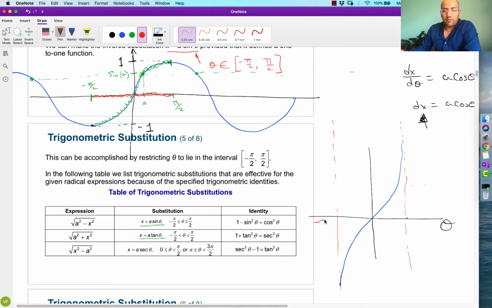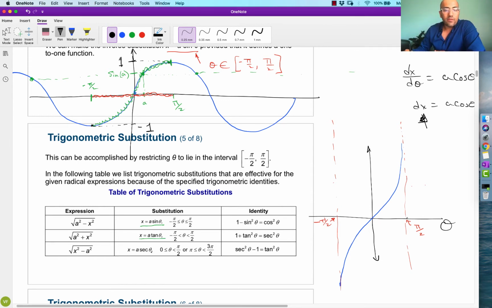So this is -pi/2 right in there, and this is +pi/2. Good. Okay, so the tangent function is going to experience all real numbers from -infinity to +infinity throughout the angles that extend between -pi/2 and +pi/2. Good, so that's how we restrict that.